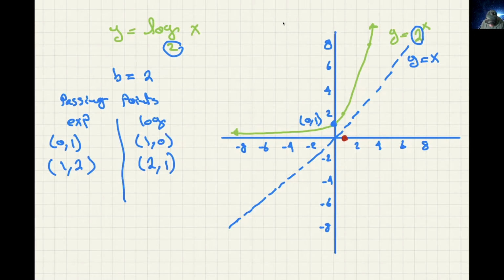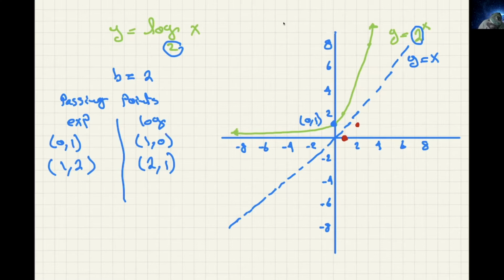Now I'm defining the point 2 and 1, because this 2 is b and 1 is the y coordinate in the logarithm function. So here is 2 and 1, and I have 1 and 0.